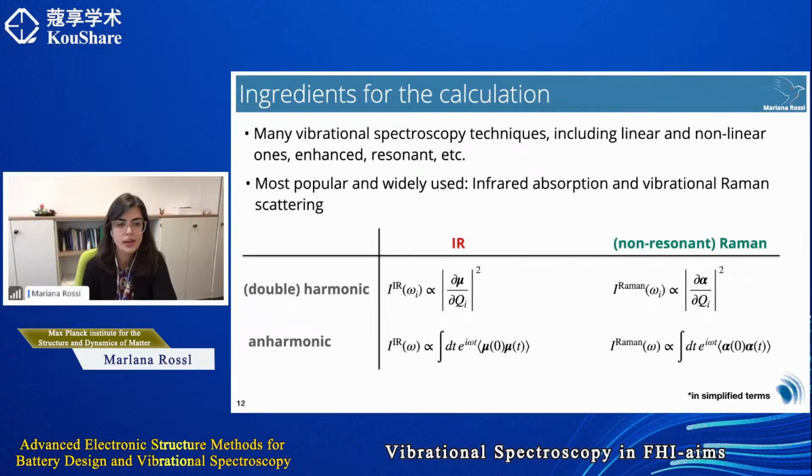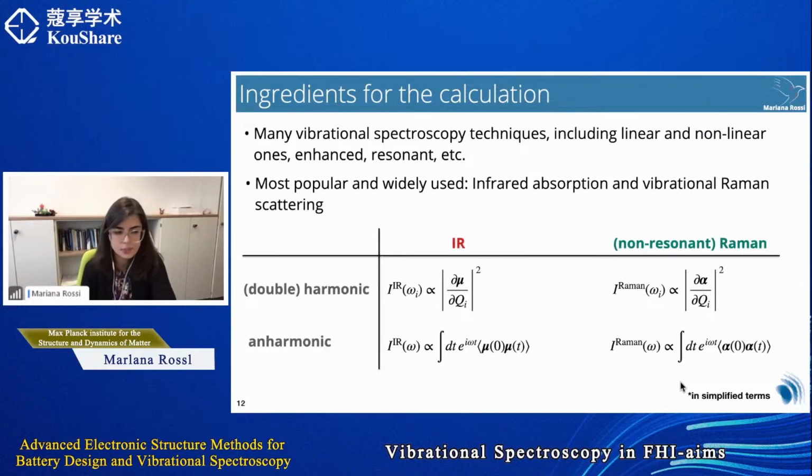So the IR intensity for each harmonic normal mode of vibration is given by how much the dipole will change with respect to displacements along this normal mode that I call here Q_i. And for the Raman case, you see that it's then how much the polarizability tensor will change along the displacement of the same normal mode.